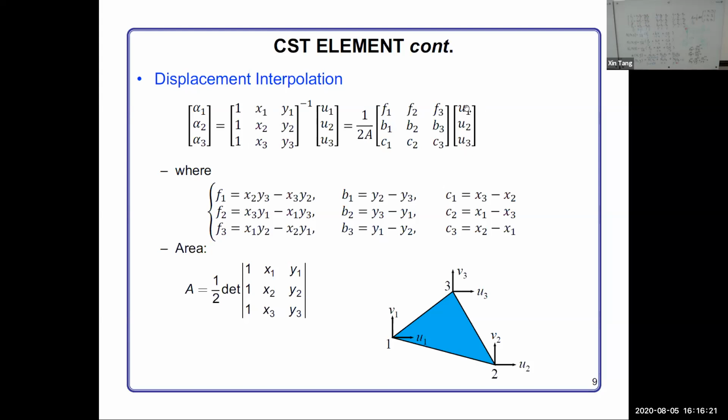This displacement vector U, later you will know, is called the Q matrix. This matrix is the degree of freedom matrix.